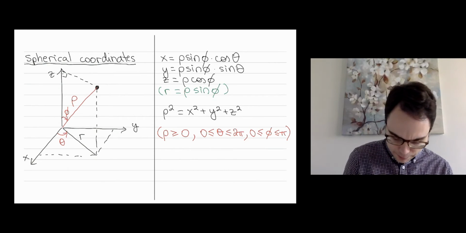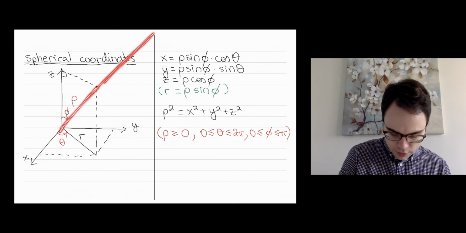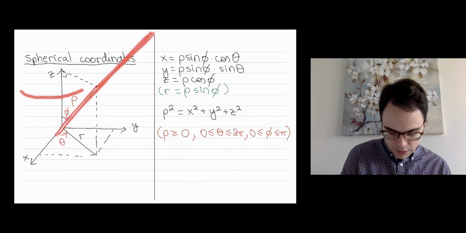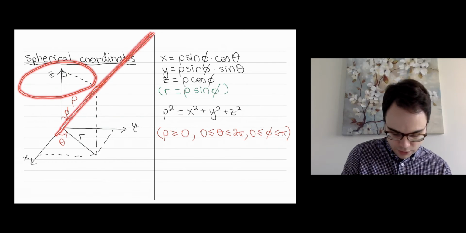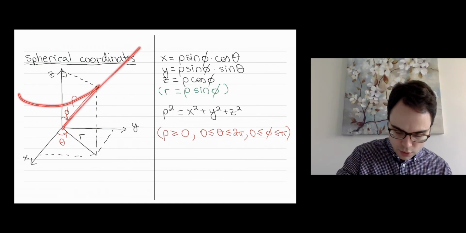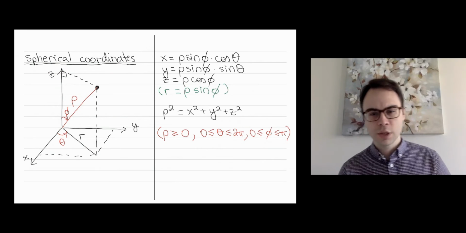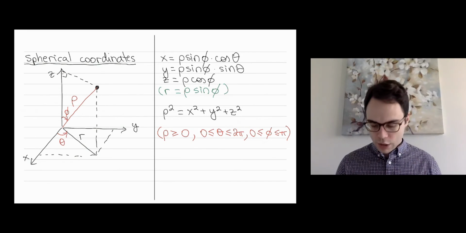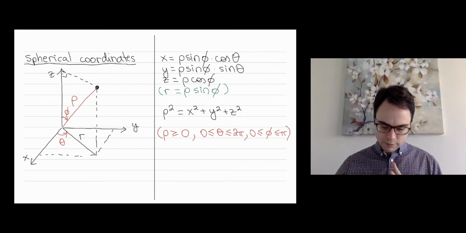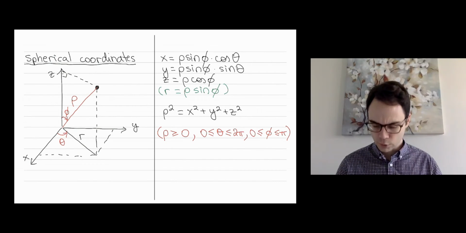I fix the angle, but then I let rho vary as much as it wants, and I let theta vary as well. The result is a cone with cone angle phi. So cones, half planes, and spheres can be easily described using spherical coordinates.